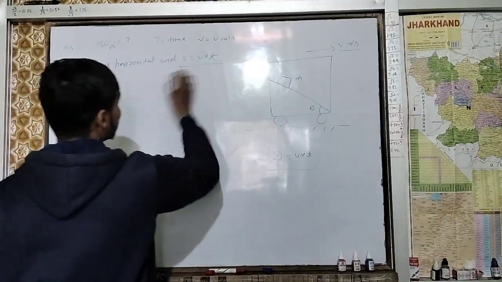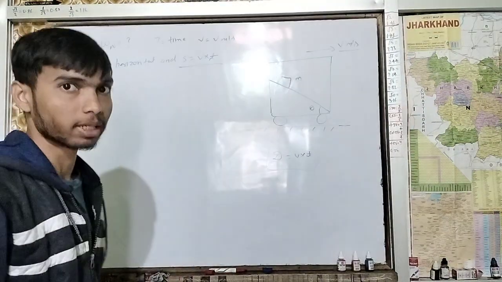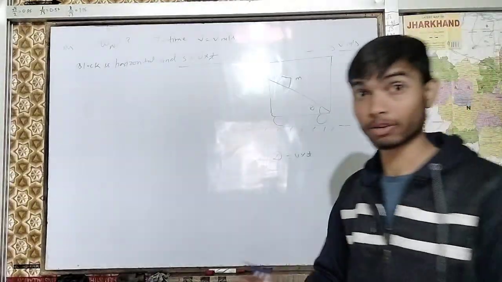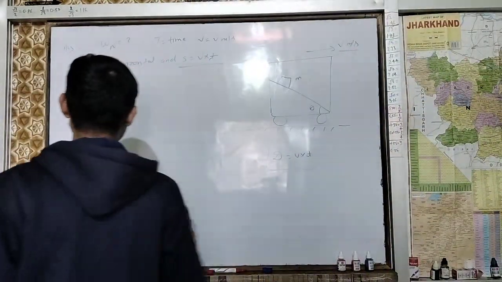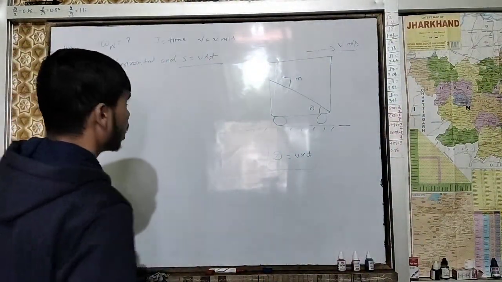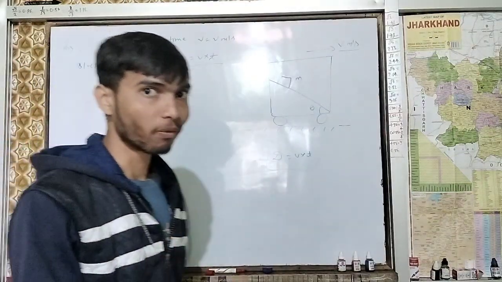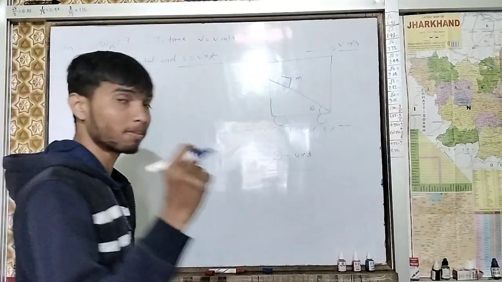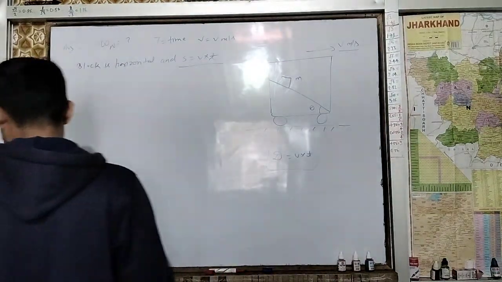So over here, this is our displacement, remember it is not a speed. So S is the displacement, which is vt. There is no value of v, no value of t, and no value of the mass of the block.